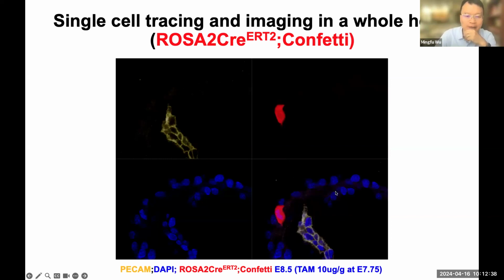Okay, so here is an example. In this heart, we can see only 1 cell is labeled. Those are the cardiomyocytes, and here are endocardial cells. I just show you an example that a single cell can be labeled in the whole heart.